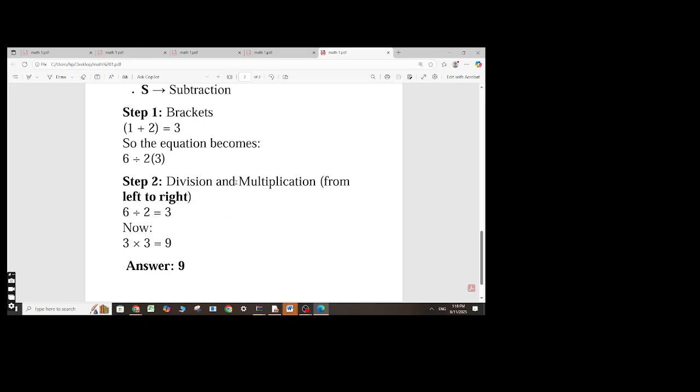So when we go from left to right, 6 divided by 2 becomes 3. Now 3 times 3 is equal to 9, which will be the final solution of this mathematical equation using the BODMAS rule.